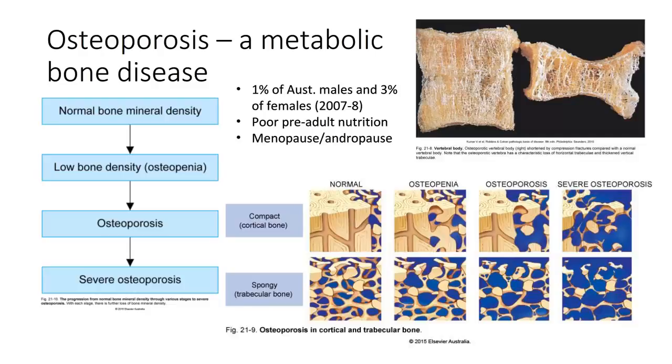And if you look at the diagrams on the bottom there, where we've got the top row of compact cortical bone and then the spongy bone layer below, you can see how you're getting less and less actual bone matrix in either the compact bone or the trabecular bone. And that leads to the images we have on the top right of the screen, where the bone has very little density and it looks more like a gauzy spider web.